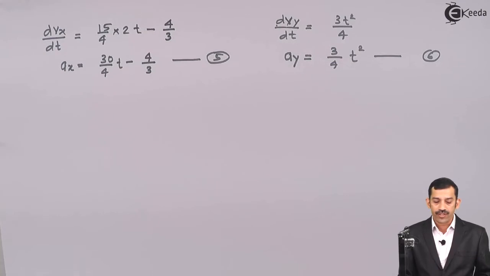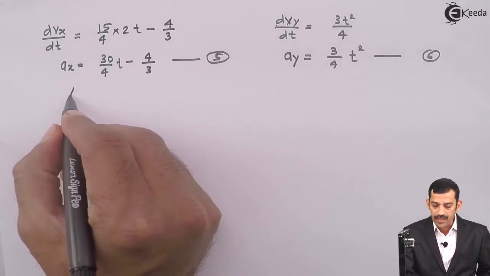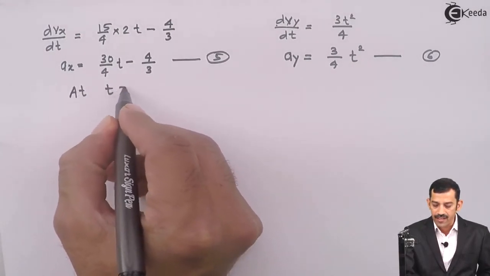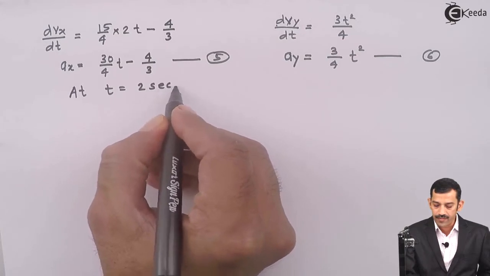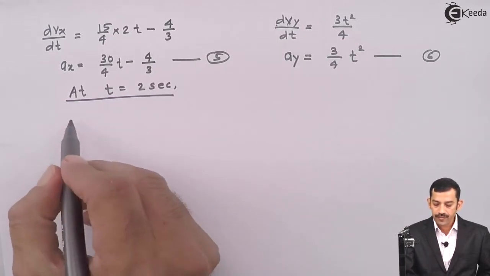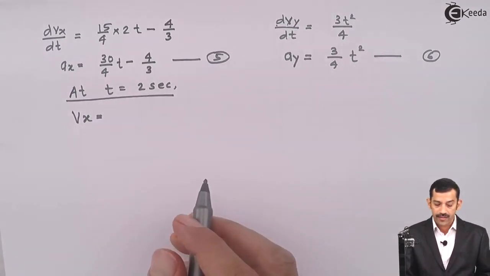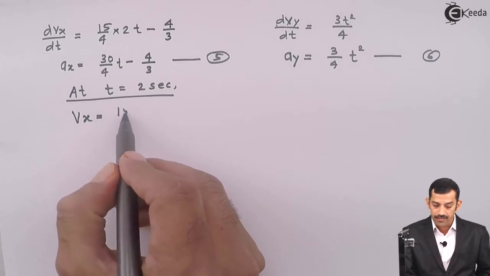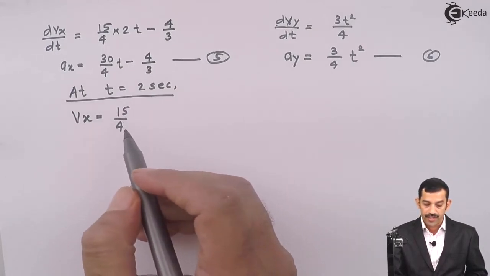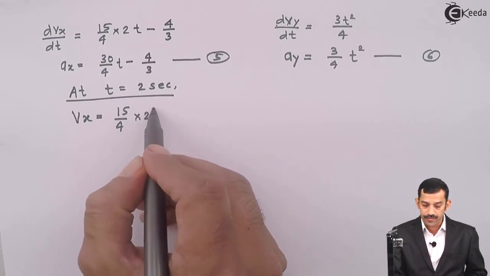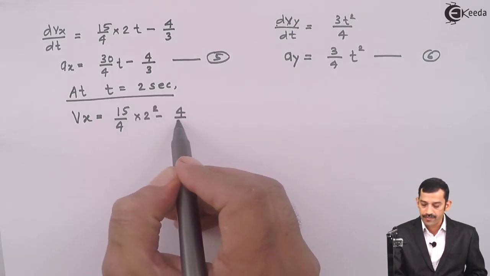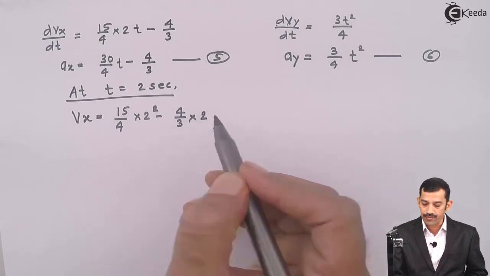That means at t equal to 2 seconds, we'll find out Vx, Vy. We'll get the resultant velocity. Similarly, from equations 5 and 6, we'll get Ax and Ay and the resultant acceleration. That means next step, at the given time instant t equal to 2 seconds, Vx, the component of velocity along the x-axis, becomes 15 by 4 into t square, that means 2 square, minus 4 by 3 into t, t means 2.